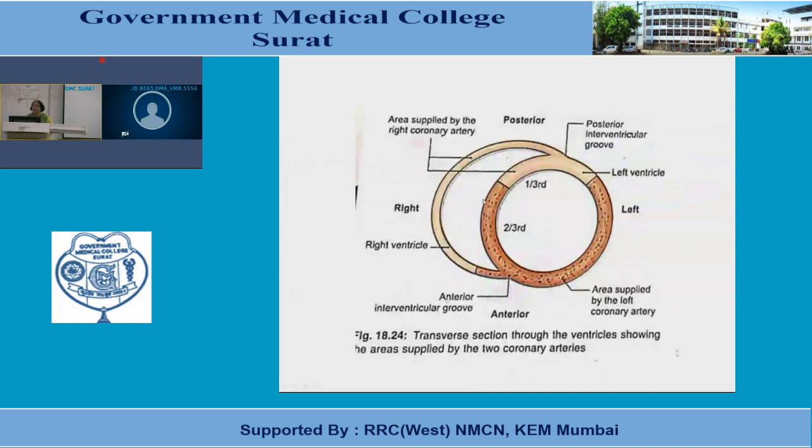The area of the ventricles supplied by the right coronary artery is indicated in light yellow color. Now the area of the left ventricle, along with part of the septum, is the area supplied by the left coronary artery.